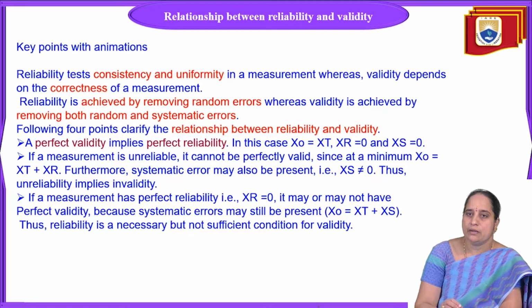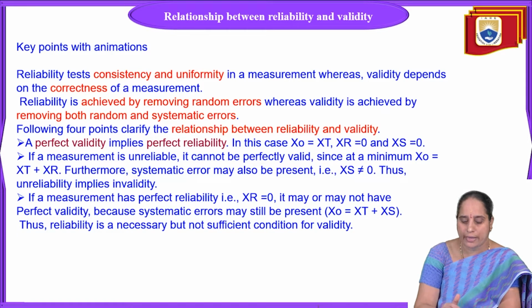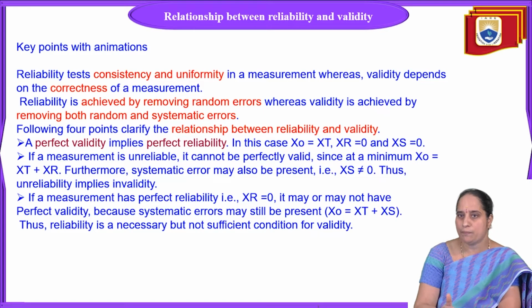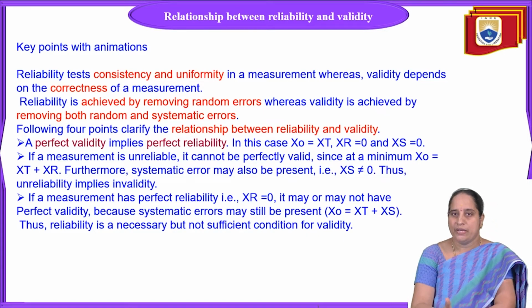If a measurement has perfect reliability, that is, random error is equal to 0, it may or may not have perfect validity because systematic errors may still be present. So it doesn't mean that in case of perfect reliability there is only the absence of random error, whereas the systematic error may or may not be there in case of reliable data.